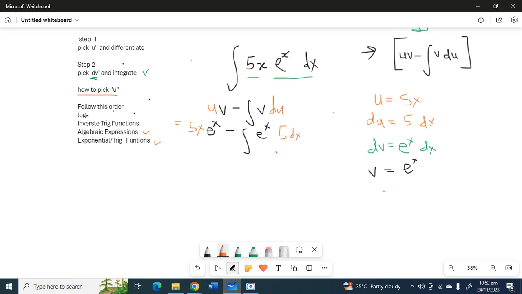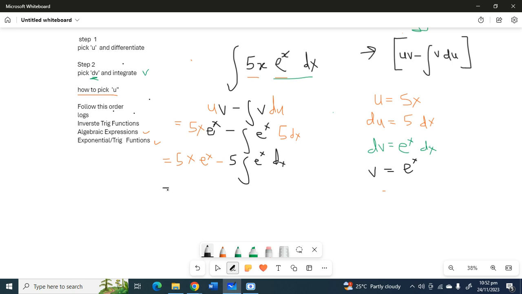So here, this 5, we can take it out of the integral. We're going to have 5x e to the power x minus the integral. Oh, let me put the 5 outside. Minus 5 and we have the integral of e to the power x dx.